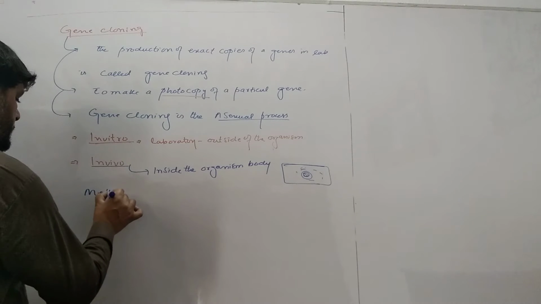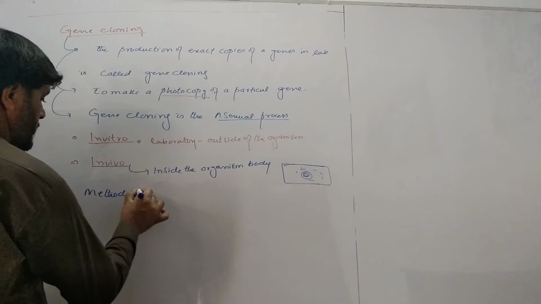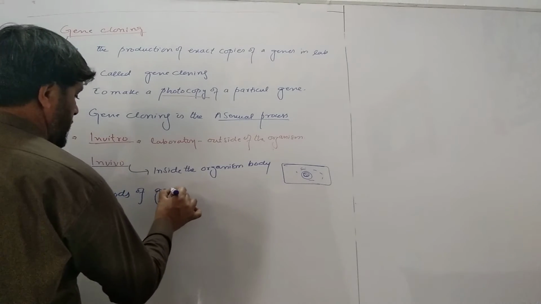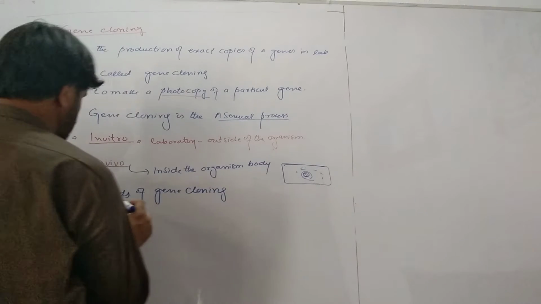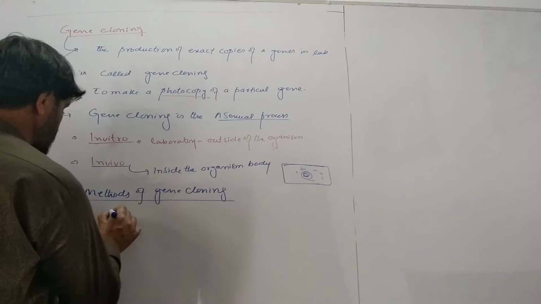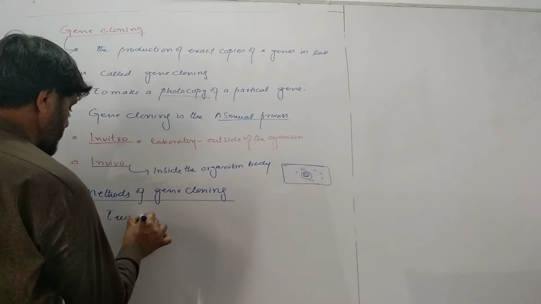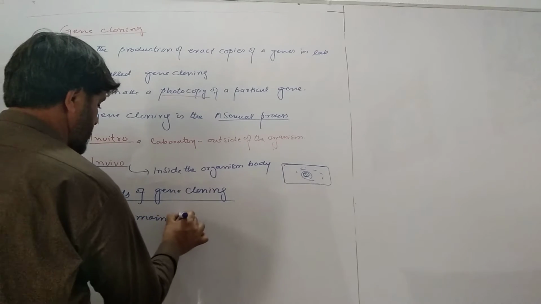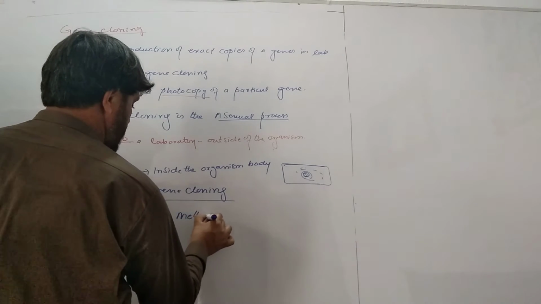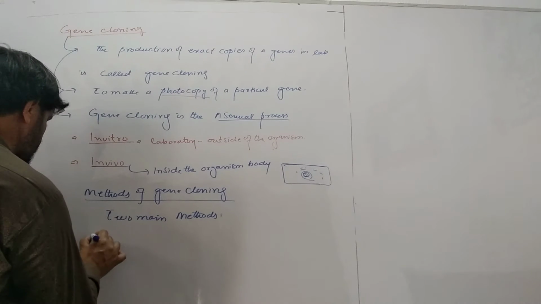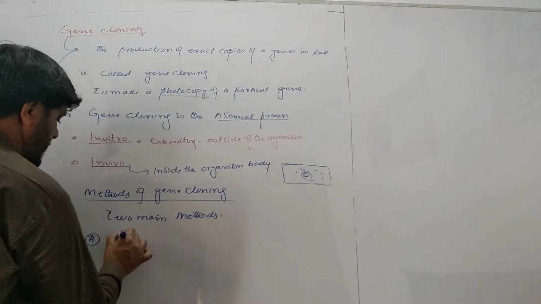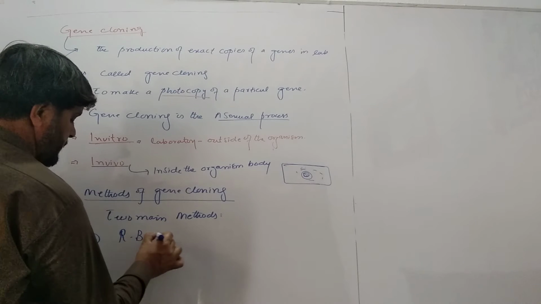Methods of gene cloning. There are two main methods for the production of a particular gene. The first one is RBT.